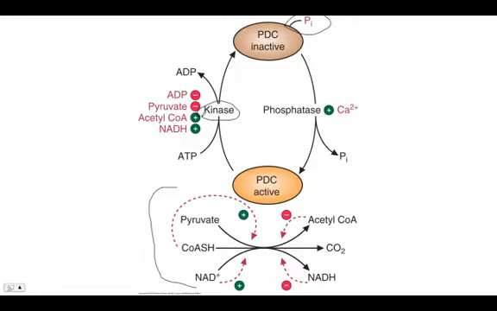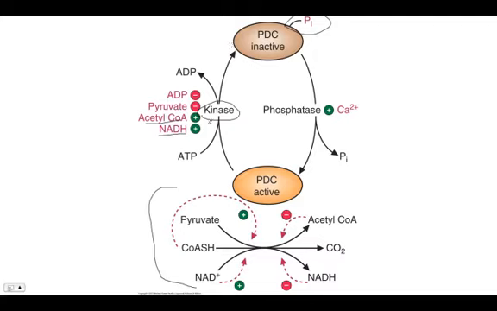The kinase itself is active under conditions when acetyl-CoA is high or energy is high in the form of NADH. When these two compounds are high, the kinase is activated, and this will phosphorylate and inactivate the pyruvate dehydrogenase complex.